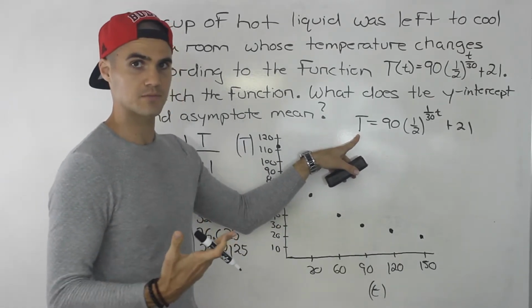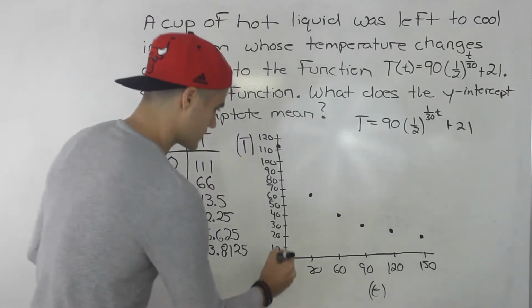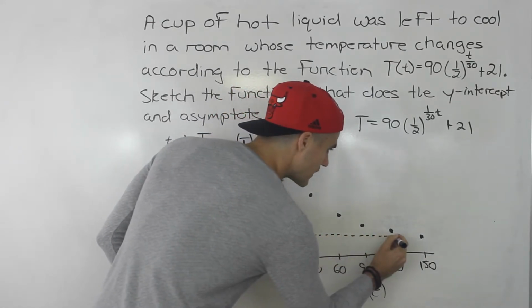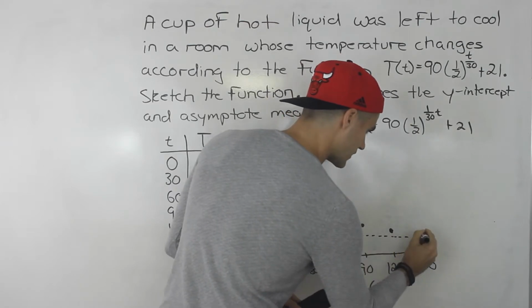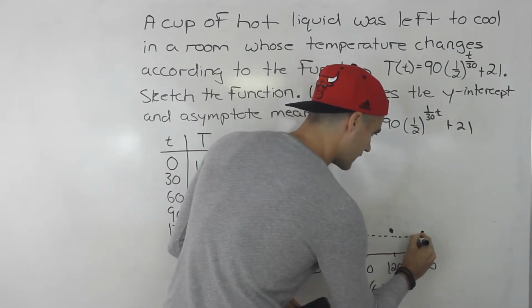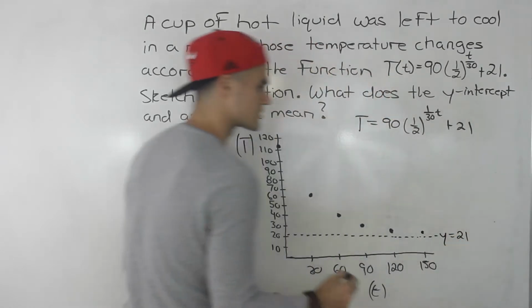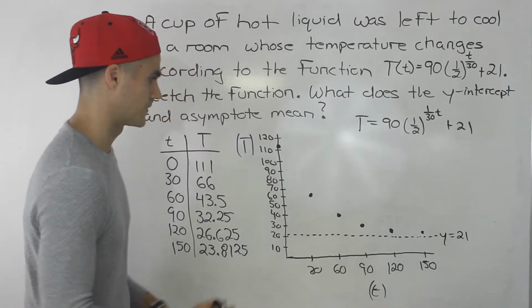Where's the horizontal asymptote going to occur? At the c value, at 21. So at a value of 21, we can draw a dotted line. I should have actually done that first, so this point should be above the dotted line here. Right, so this asymptote is at y equals 21, at a temperature of 21.